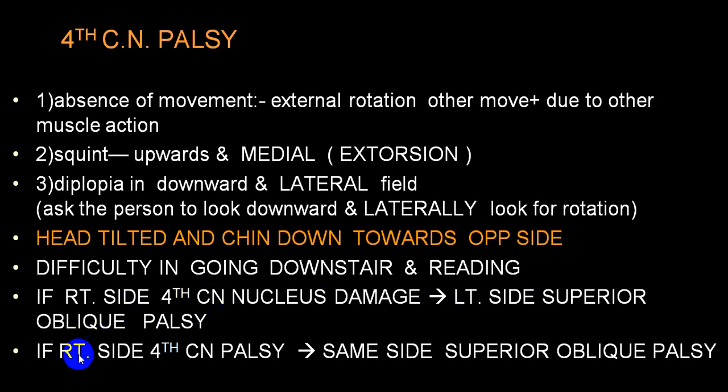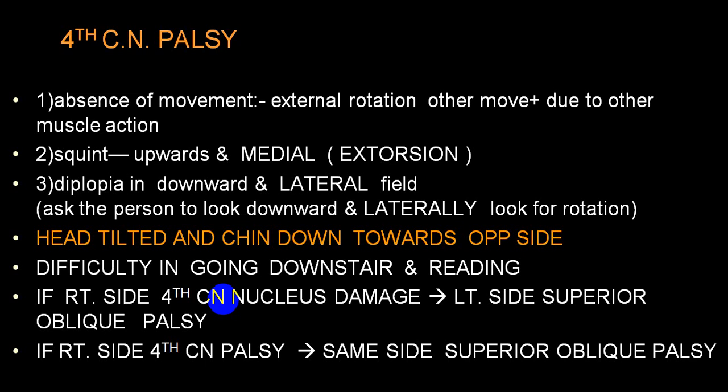If the fourth cranial nerve nucleus is damaged in the midbrain, the fibers which come out posteriorly cross to the opposite side. So in a brainstem damage, you will have the opposite side superior oblique gone.